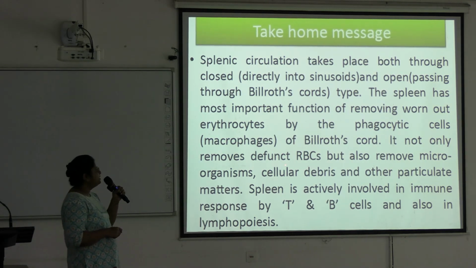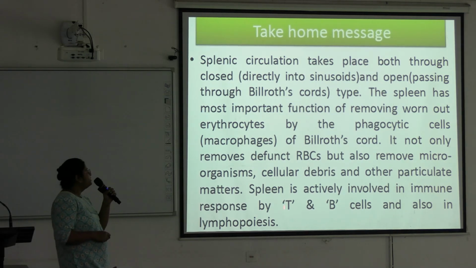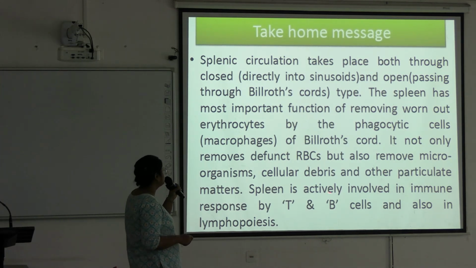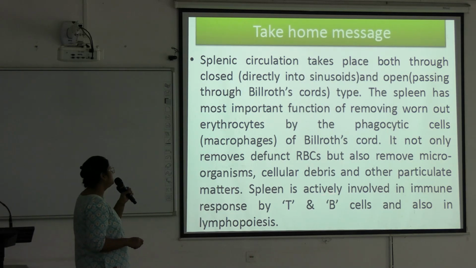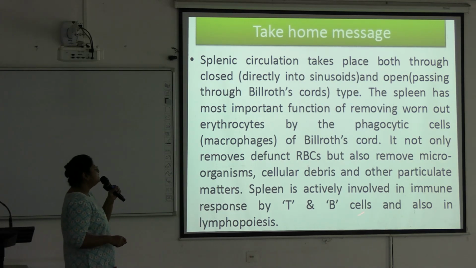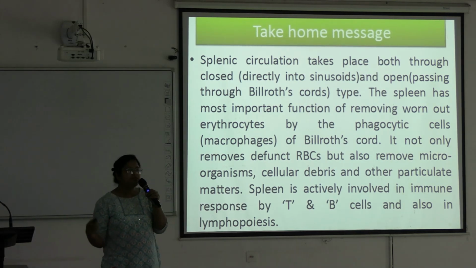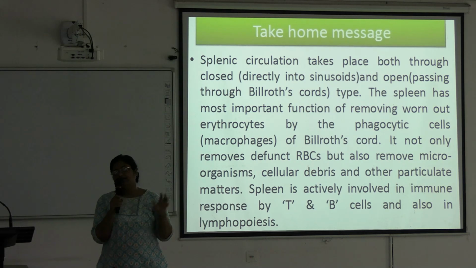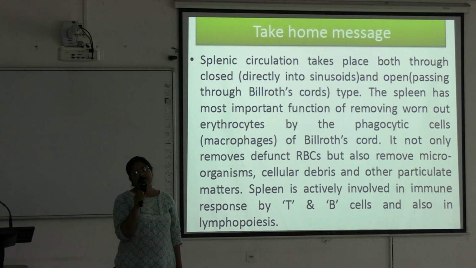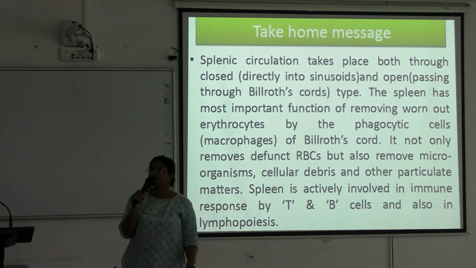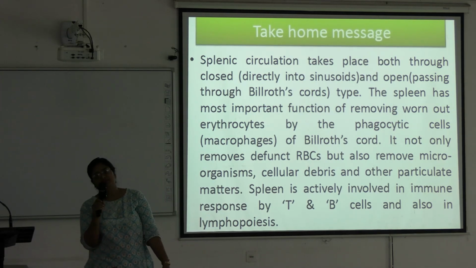It not only removes the defunct RBCs but also removes microorganisms, cellular debris and other harmful particulate matters. The spleen is actively involved in our immune response via the T and B lymphocytes and also in lymphopoiesis, and also helps in hemopoiesis and lymphopoiesis in some disease conditions, in some severe anemia or some leukemia. Okay, so these are the main functions of the spleen.